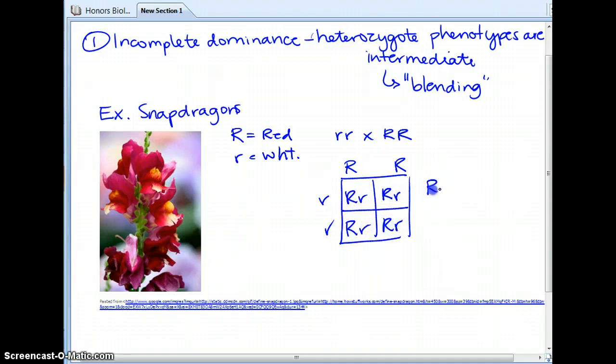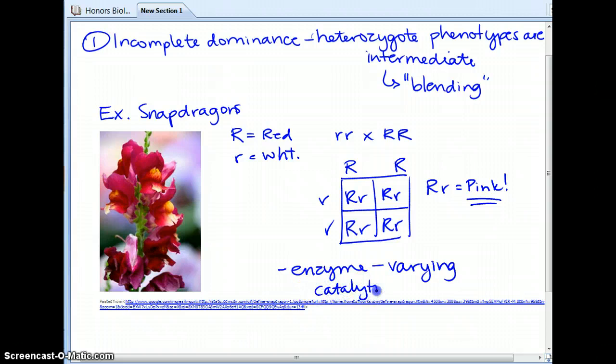And you guessed it, the heterozygote is pink. Pink, woohoo! The reason for this is that the enzyme that is coded by that gene has varying catalytic ability depending on whether it's a homozygous dominant, homozygous recessive, or a heterozygote, in varying shades.